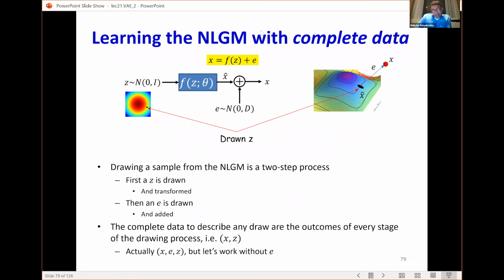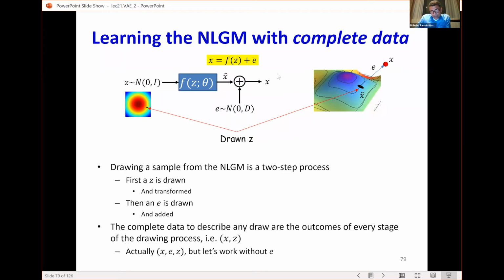Now, drawing a sample from the NLGM is a two-step process. First, a z is drawn to get x hat. You place the data here, then a noise is drawn, and then you add the noise to get x. So the complete data, to describe how the generative process generated any x, requires z.